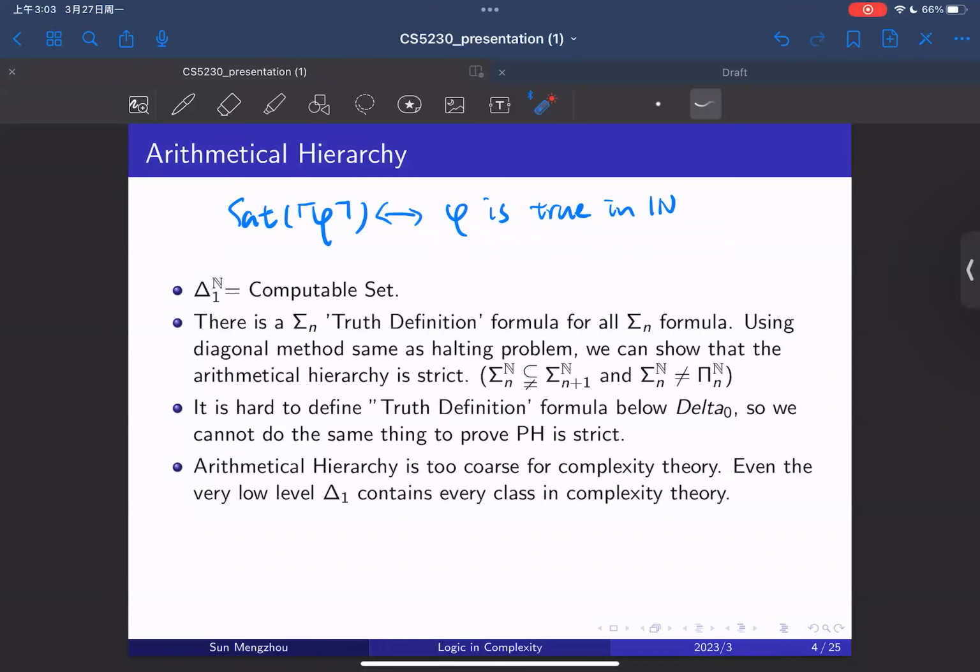And the last thing is the arithmetical hierarchy is too coarse for complexity theory. As I just said, even the very low part, the delta 1 sets, already contains almost every class in complexity theory. So we need to investigate more about what is lower than delta 1 or even delta 0.